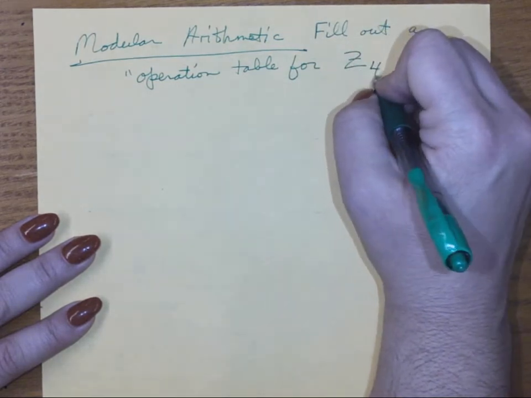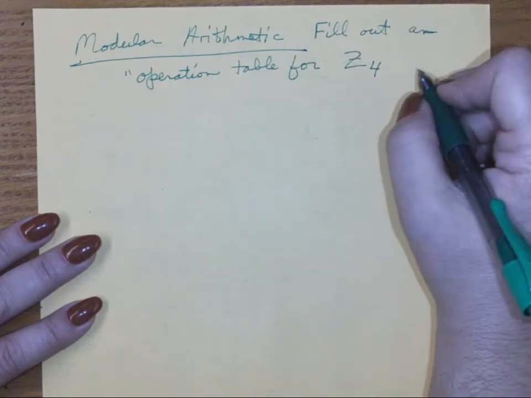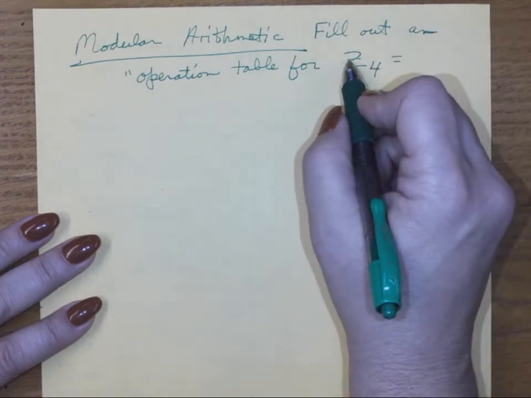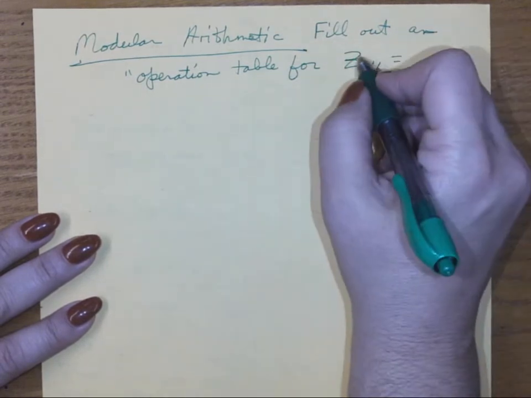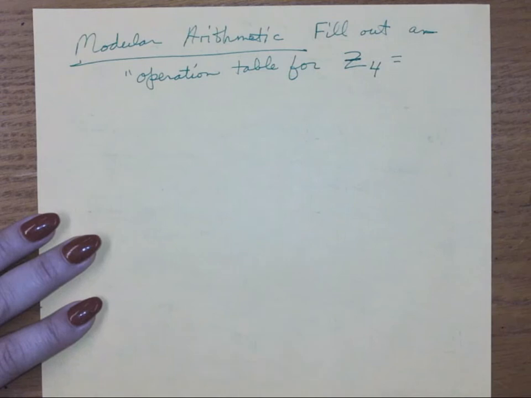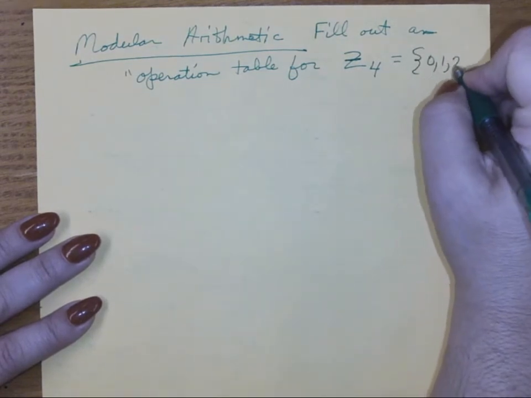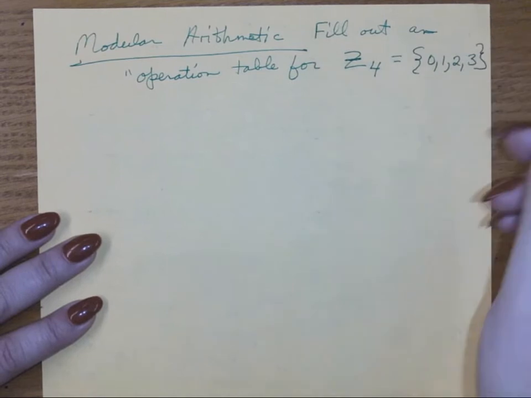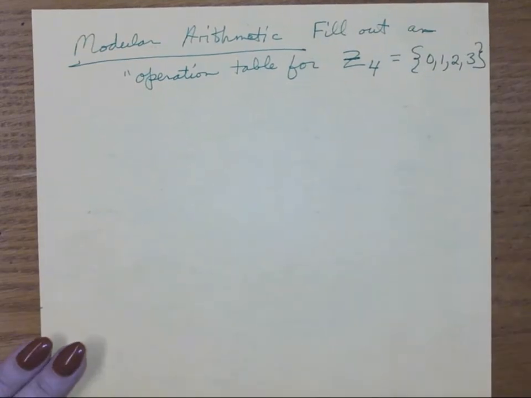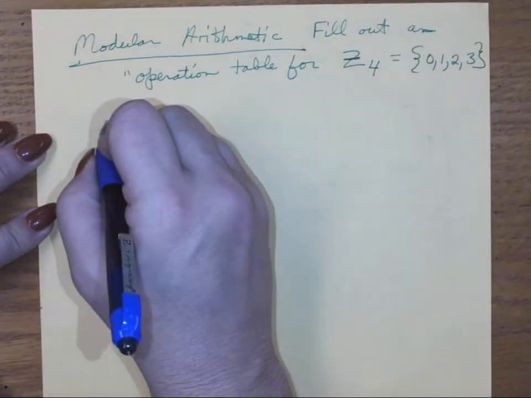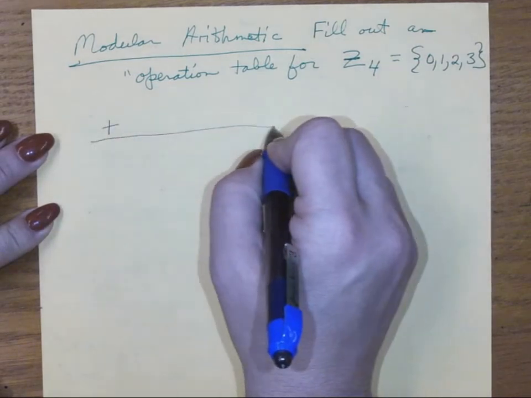I'm going to use Z4, and I'll talk about that. That's basically going to be the set of numbers that works mod 4 or base 4. Okay, so 0, 1, 2, and 3. Okay, and then I'm going to see these lovely tables that pop up, and I'm going to do the addition one.